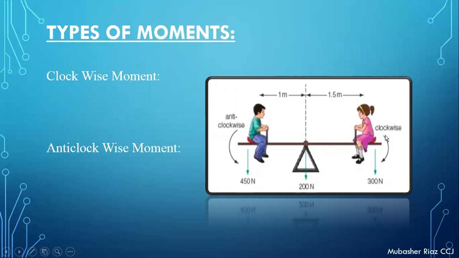The way the needles of a clock rotate, that is clockwise moment, and the opposite of that is anti-clockwise moment.